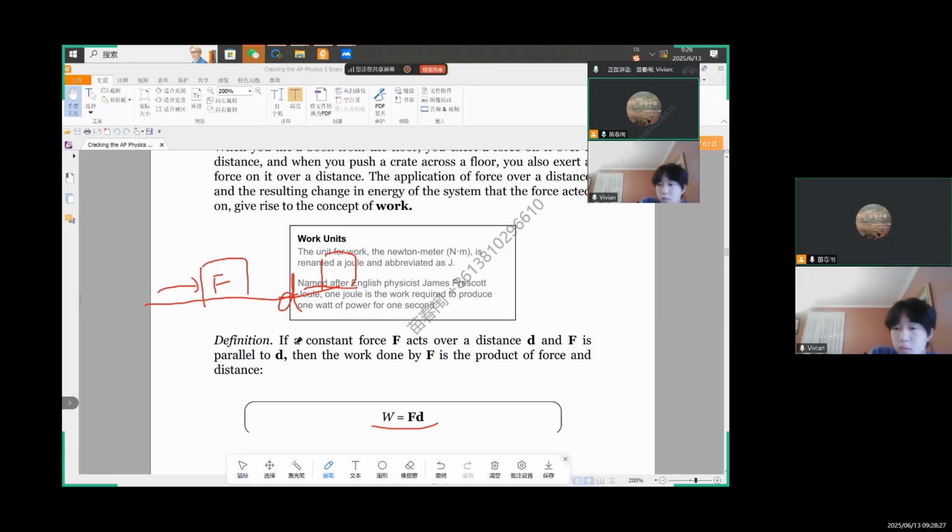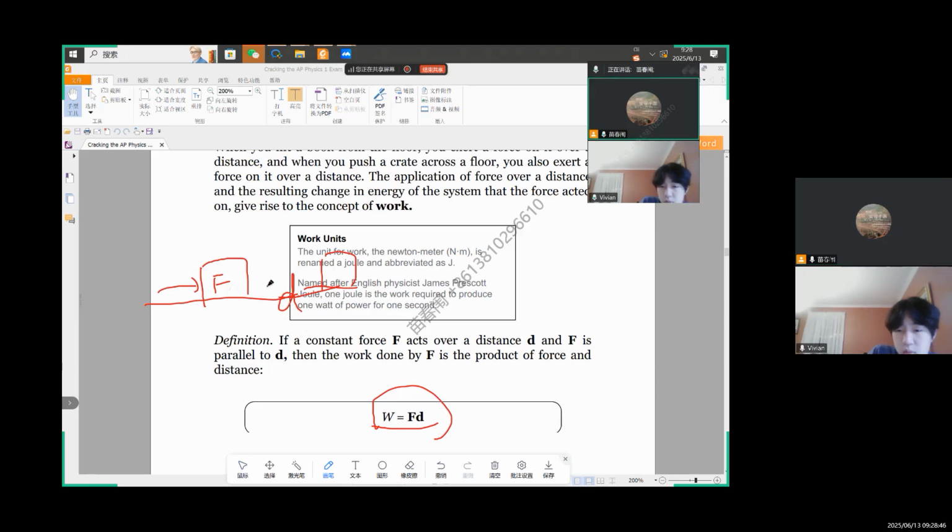That's why we say the force did the work. Work is F times distance. Does that make sense?